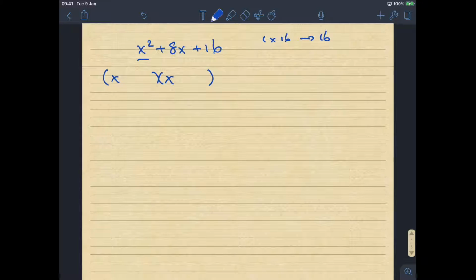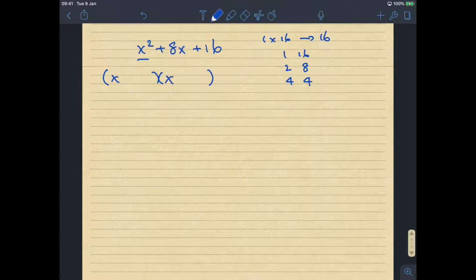Next we need to figure out what two numbers, if you multiply them together, you get 16. To get 16, it could be 1 times 16, could be 2 times 8, could be 4 times 4.